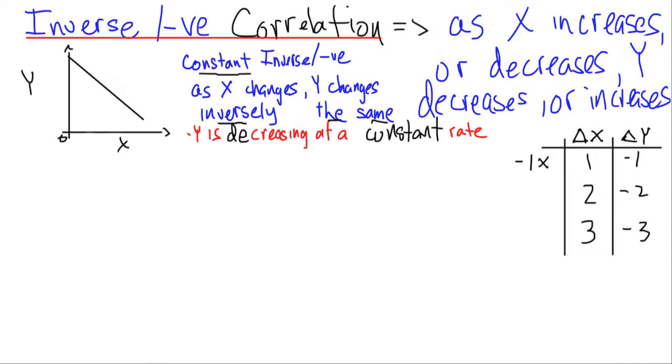How do we see this on the curve? As x increases by 1, y decreases by 1. As x increases another 1, y decreases by another 1.